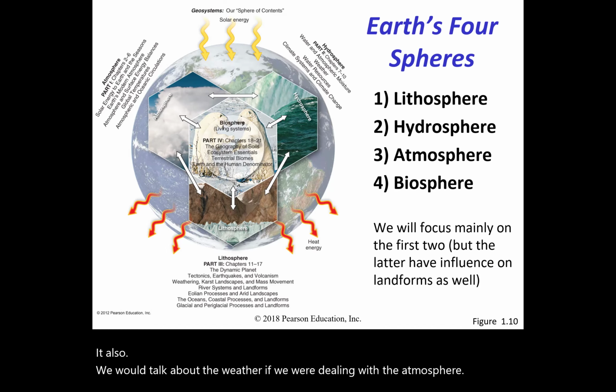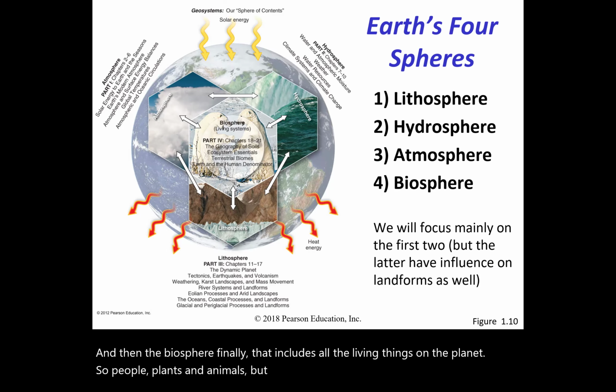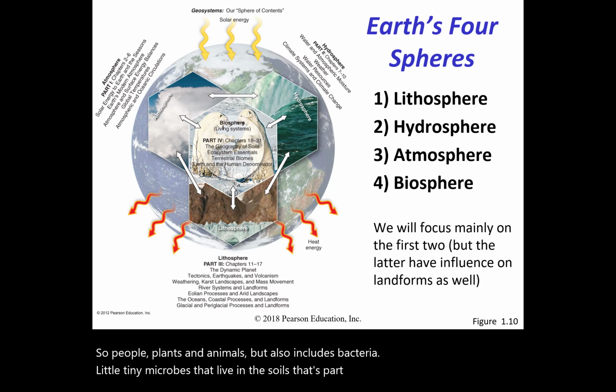And then the biosphere, finally, includes all the living things on the planet. So people, plants, and animals, but also bacteria, the little tiny microbes that live in the soils. That's part of the biosphere too.